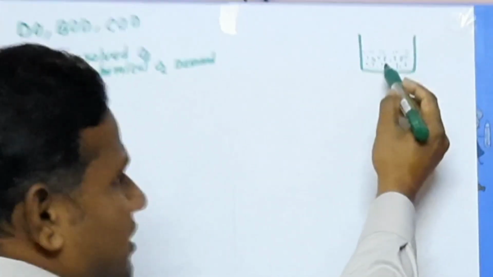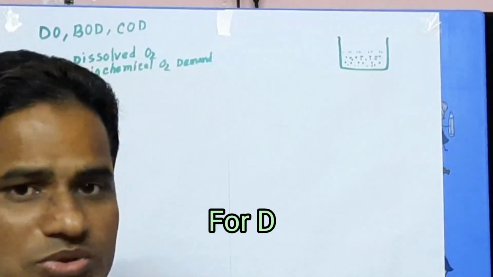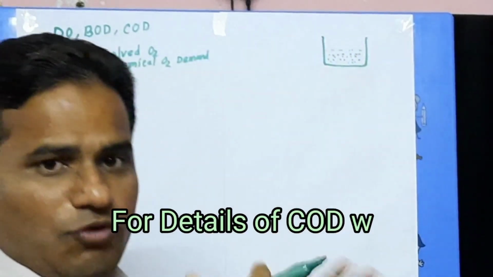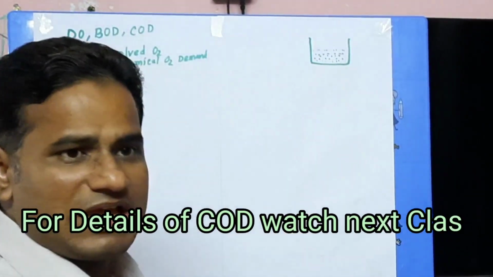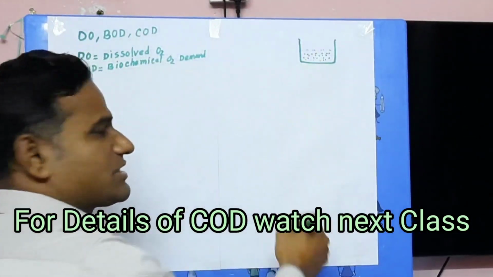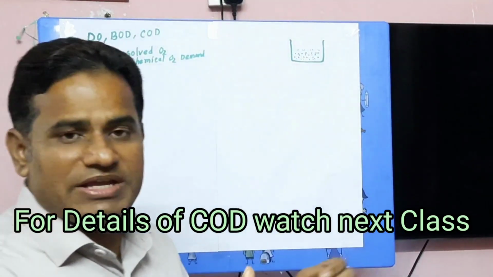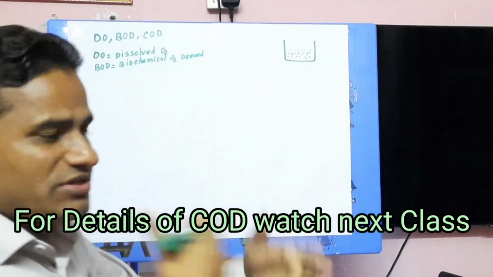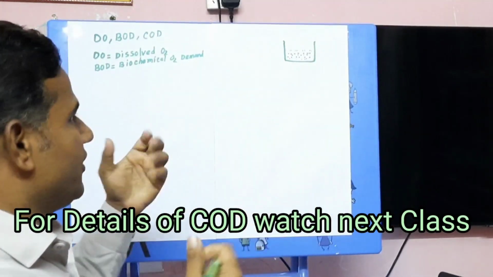It is called biological oxygen demand because in the water, dissolved oxygen is available, organic compound is available, and inorganic compound is also available. But for living, the bacteria require food. So these bacteria will get food from the organic compound, that means carbon content. This carbon content is food, animal waste, sugar, oil, grease. But for decomposing this, oxygen is required. By this oxygen, these bacteria decompose the carbonic content and take food.